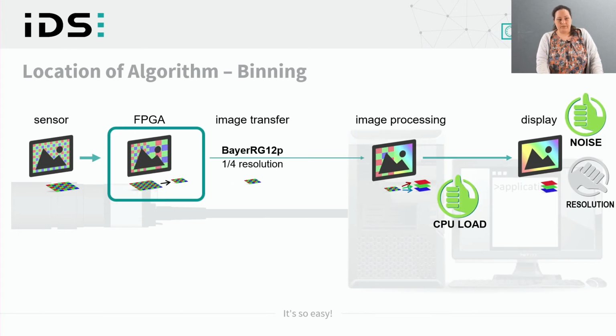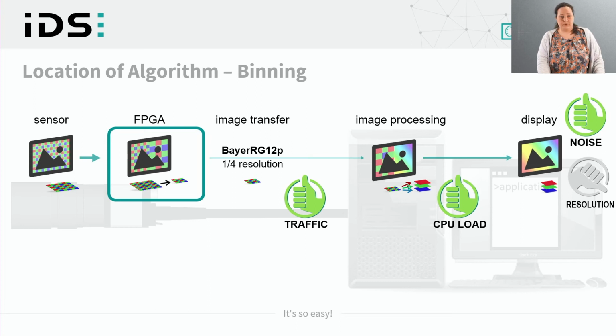On the other hand, if you move the binning algorithm to the FPGA, it increases your speed, because you only have to transfer less data. For example, for a 2x2 binning, it decreases your resolution down to a fourth of the original resolution, and this gives you room for higher frame rates.